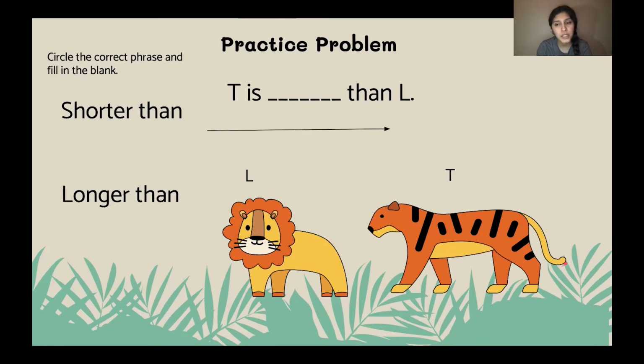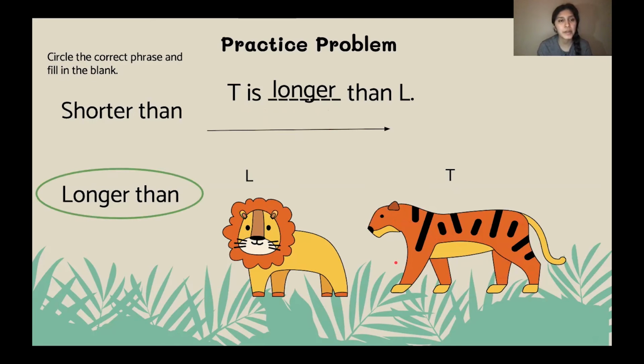We can do it from their tail, but I'd prefer to do it from here. So is T longer than L or is T shorter than L? T is longer than L. We can see this tiger is a lot longer than the lion. The lion's a little tiny.